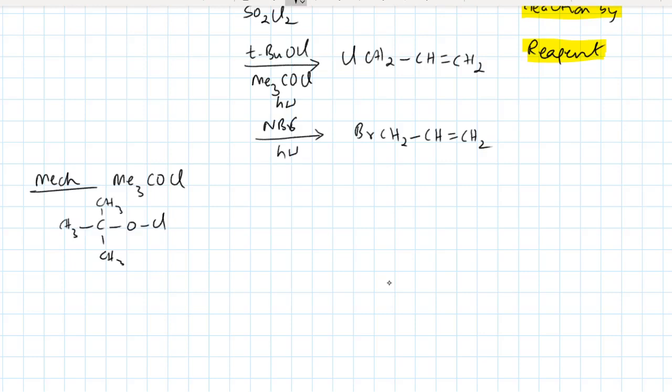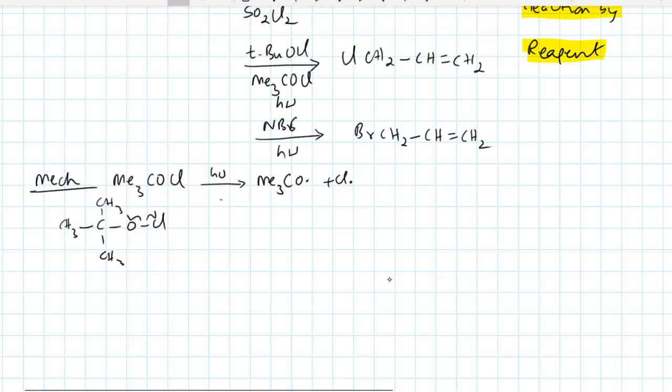Now this will undergo homolytic cleavage in the mechanism. I'm writing it in short form. The chain initiation: you have Me3COCl in the presence of light, and it will produce the free radicals Me3CO dot plus Cl dot. This forms the chain initiation step.